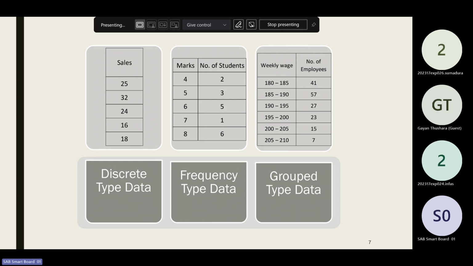The number of employees, yesterday I said 41, 57, 27. So group.